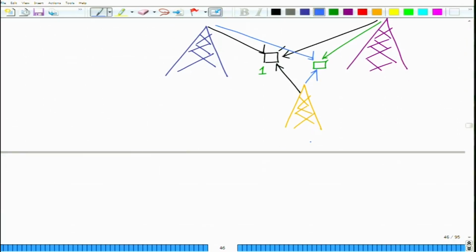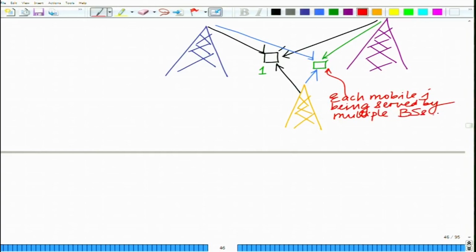So, each mobile is being served, each user j. So, what we are saying is each mobile is being served by multiple base stations i, that is, let us say we have K base stations, 1 less than or equal to i less than or equal to K. Okay.